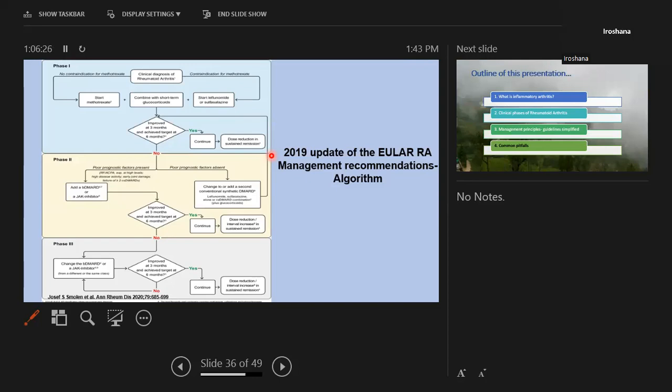Once you establish the diagnosis of rheumatoid arthritis, if there are 4 prognostic factors: extraarticular manifestations, high disease activity, bone erosions, start methotrexate. If there are no prognostic factors, the disease activity is low, no erosions, and so on, you can try hydroxychloroquine and sulfasalazine.